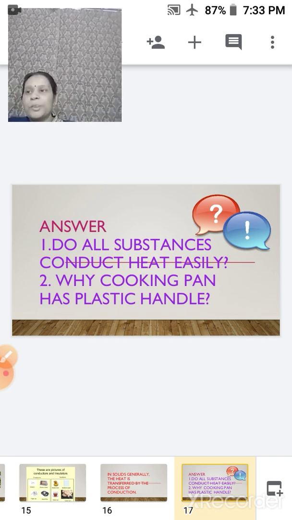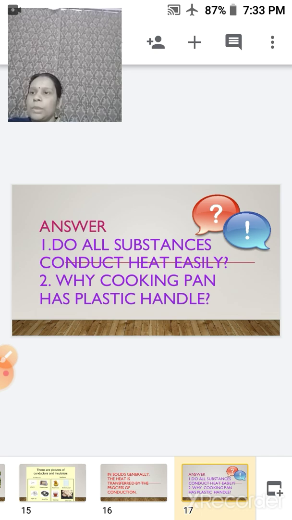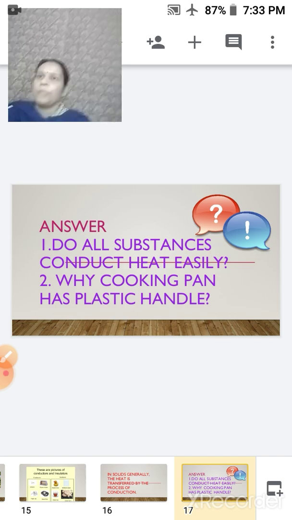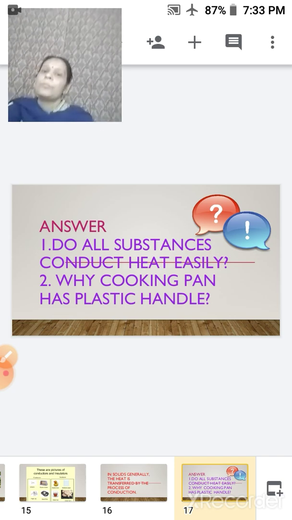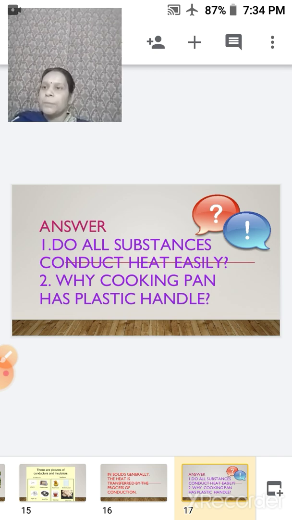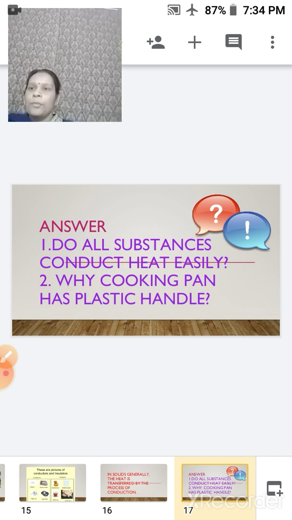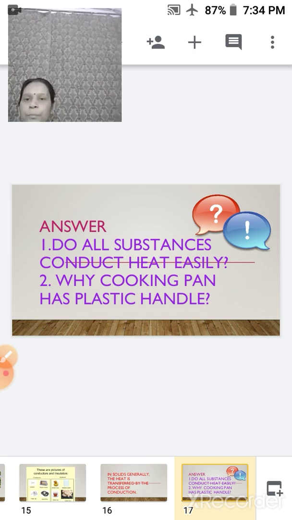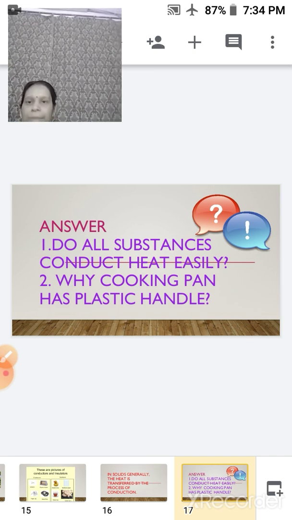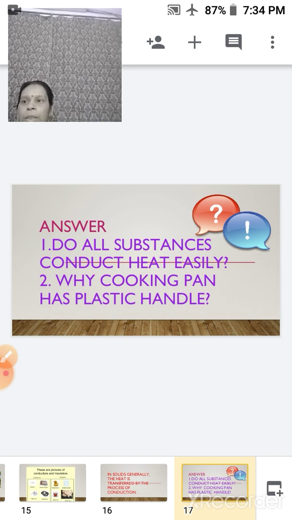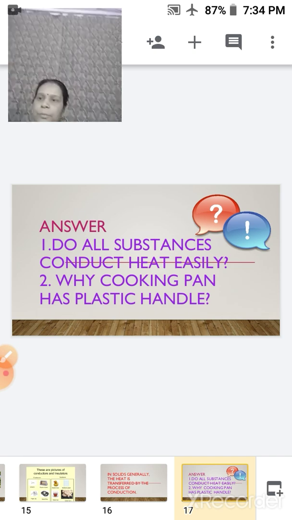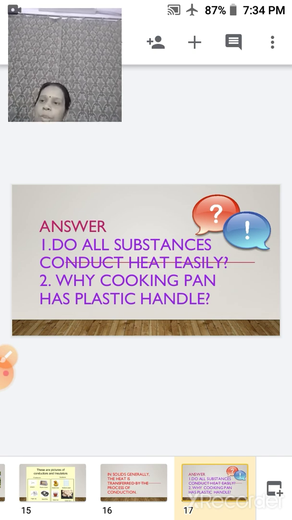As I told you, heat transfers from one end to the other end of the metal. Here you might have observed that a frying pan becomes hot when kept on a flame. It is because the heat is passed from the flame to the utensil.